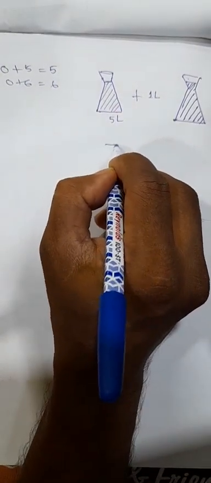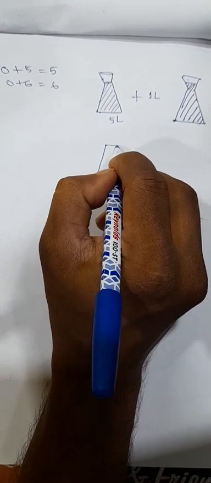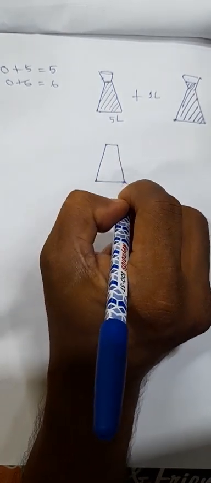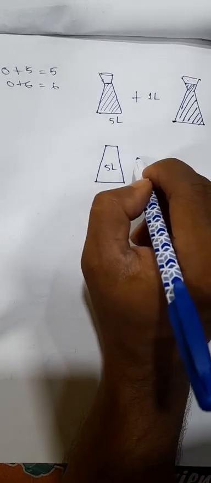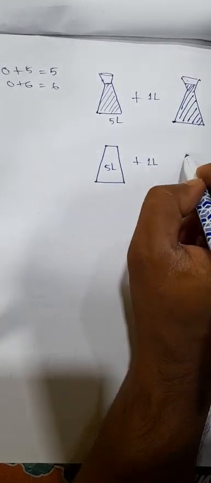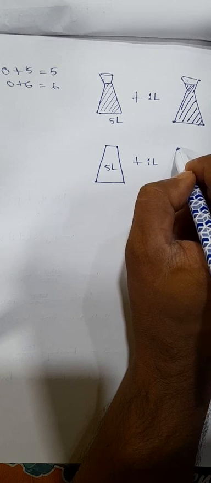So you see, earlier the shape of the water was like this. It was 5 liters. Now when you add 1 liter, the shape of the water is like this.